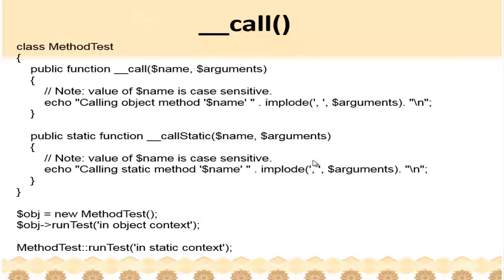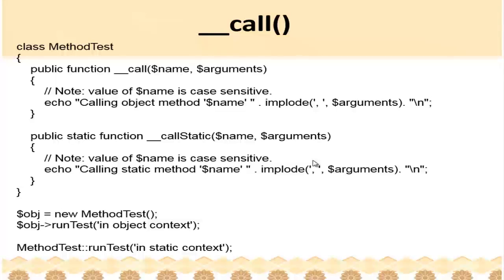In this case, the name will be runTest, and the arguments are whatever arguments you are trying to call with. So it just calls this method, and you are supposed to do something over here. Either you throw an exception, or you try to call some other method, or show a message to the user. It's up to you what you do here.